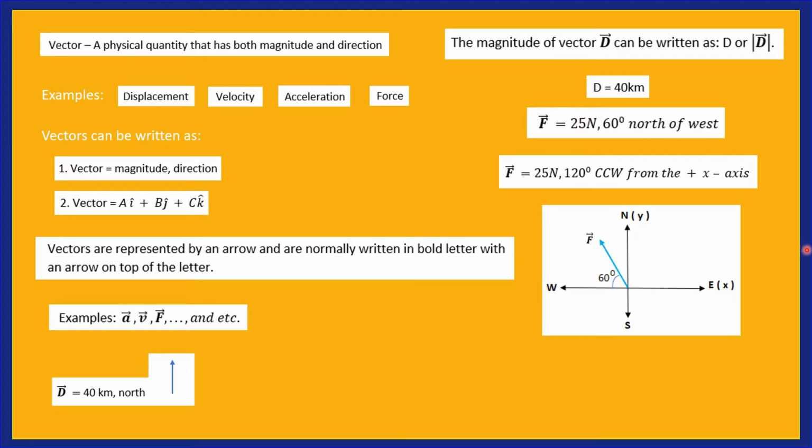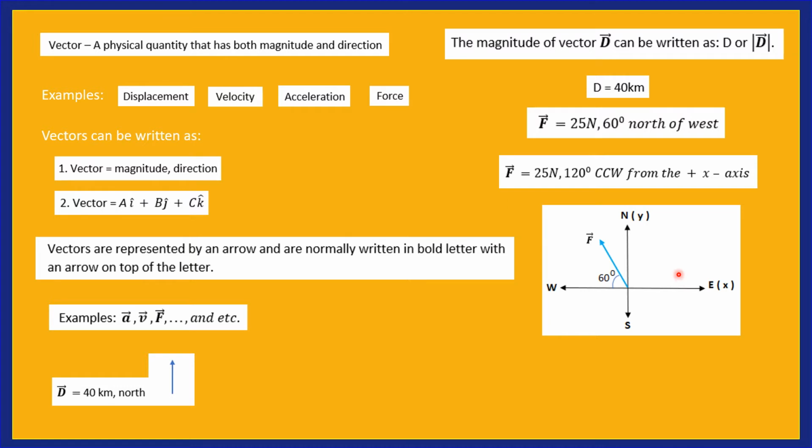Okay, let's show this one in a diagram. This vector lies in quadrant number 2. This is north, this is west, so we have 60 degrees north of west. This angle is measured from west going north. If we use the positive x-axis as our reference line for the angle, then we measure the angle from this line.